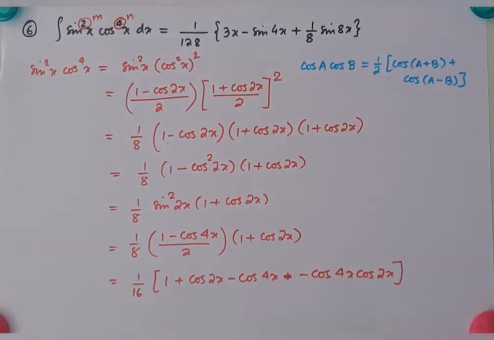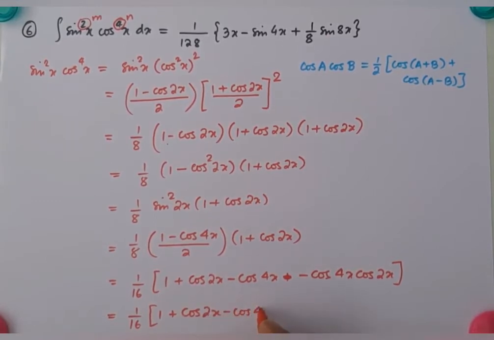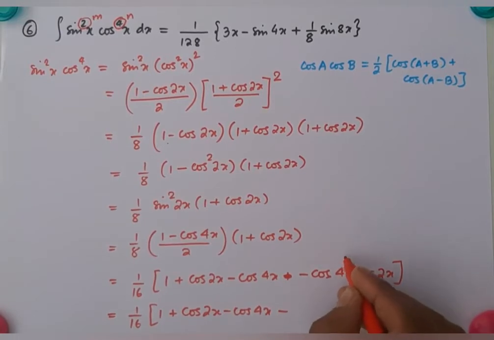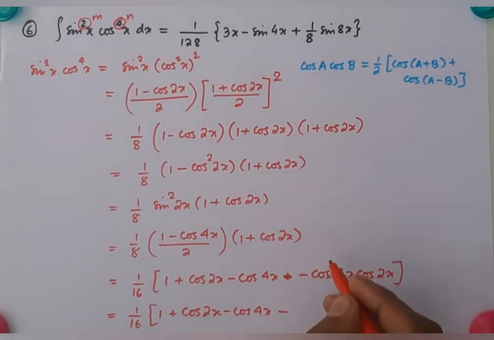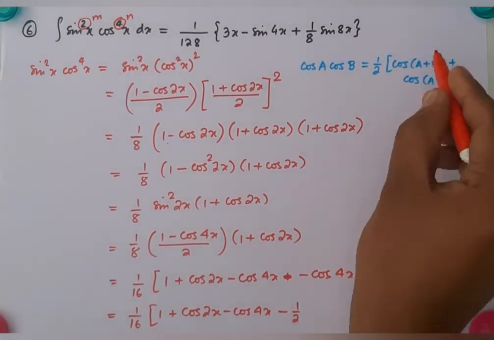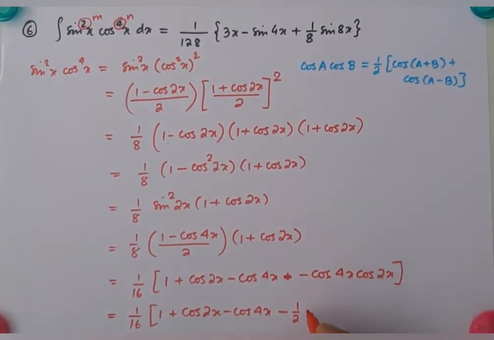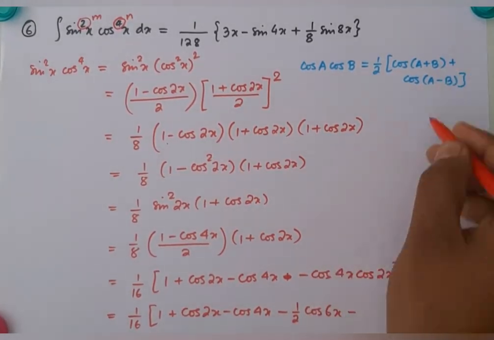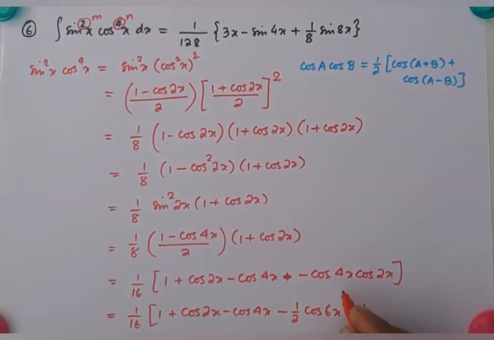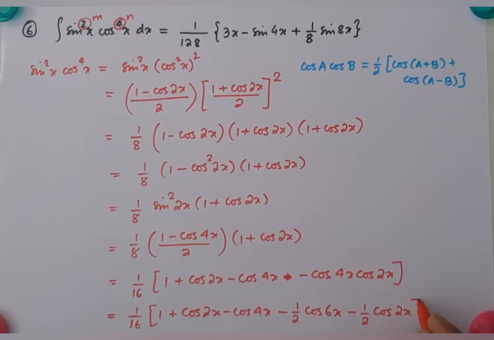So if I use that formula, this is 1 by 16, (1 plus cos 2x minus cos 4x cos 2x). So 4x is my a, b is 2x, so this becomes half. Let me open the bracket also. cos(a plus b) becomes cos 6x, minus, because we have got minus here, so minus into plus becomes minus, so half is also there. So cos(a minus b), that is 4x minus 2x, is just 2x, so it is cos 2x.